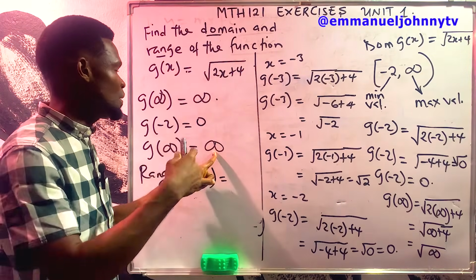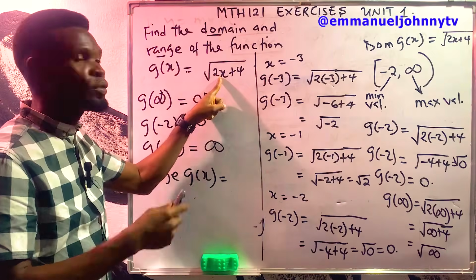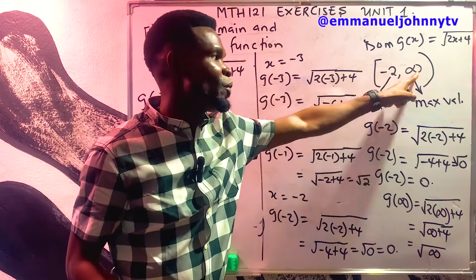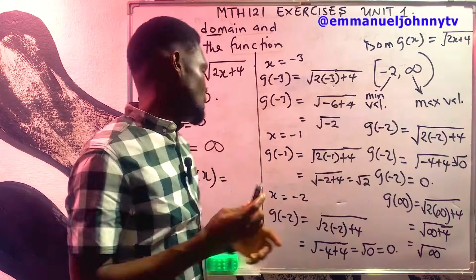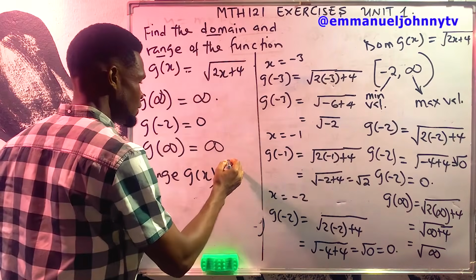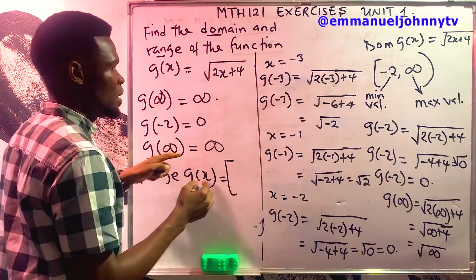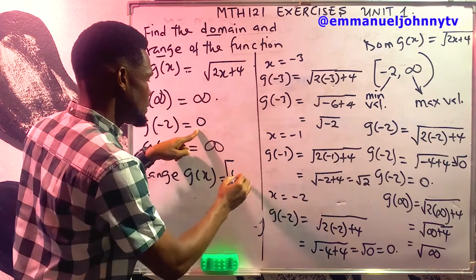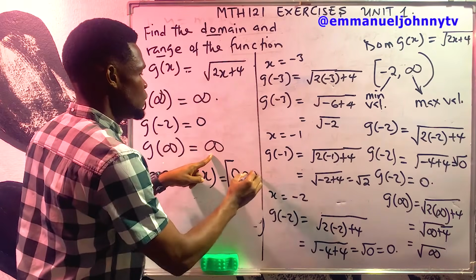In other words, these are the values this function will output when you substitute these values of the domain. A root function also outputs 0, so you can see it is from 0 to positive infinity.